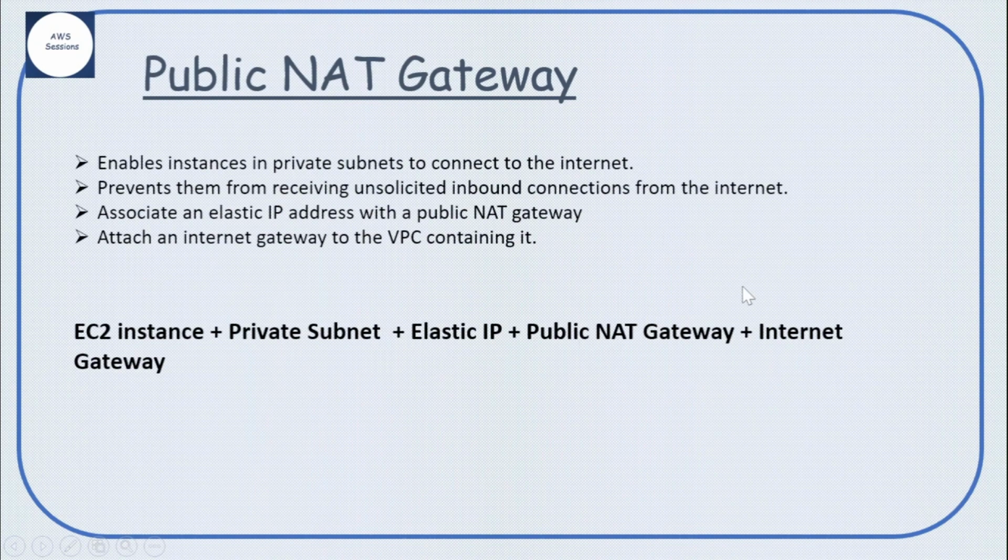You also need an internet gateway for the public subnet. This will be the flow. In this case also, outside services will not be able to connect to the instances, but instances can connect to the internet. So you have to associate one elastic IP with the public NAT gateway and attach an internet gateway to the VPC as well.